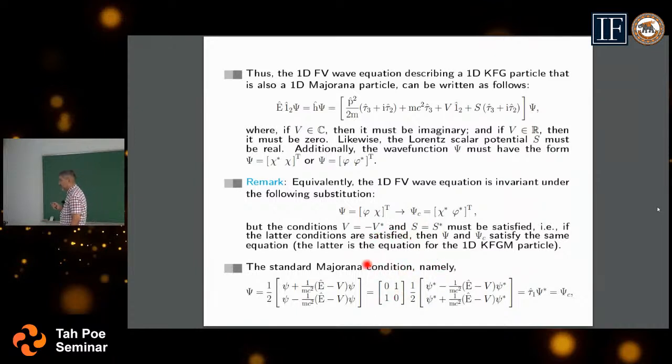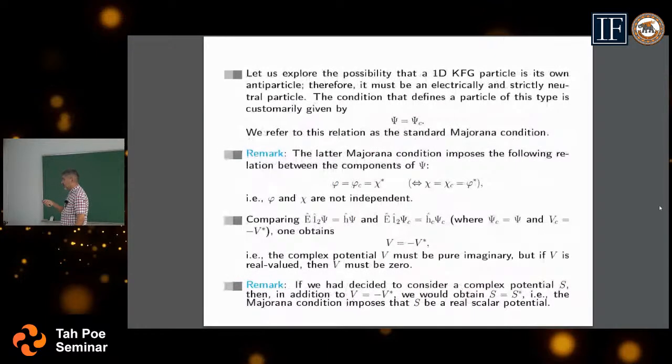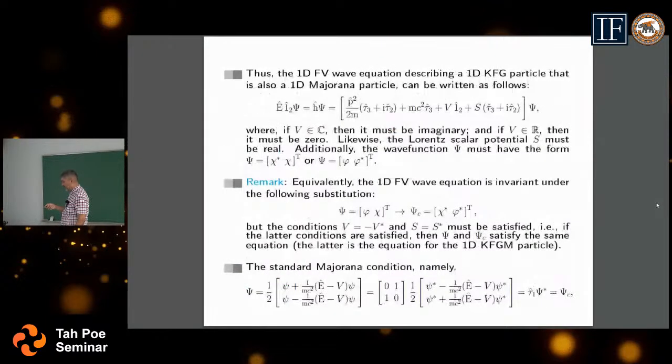So the Majorana condition is related to the invariance of the equation with respect to this transformation. That's super good. And the standard Majorana condition, this formula can be written in a vectorial form. It's just this formula.